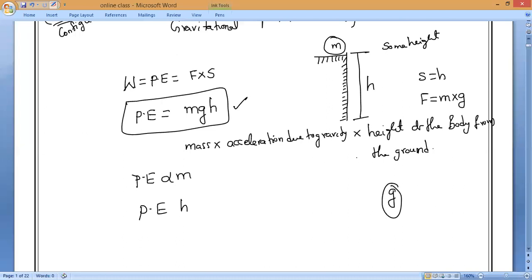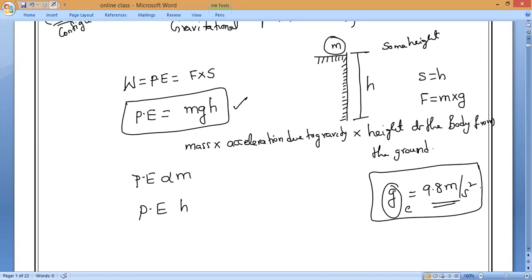What is the g value for Earth? 9.8 meters per second square. So PE, potential energy, is directly proportional to height.